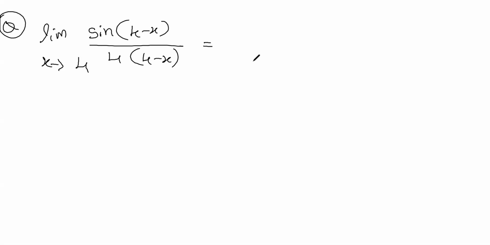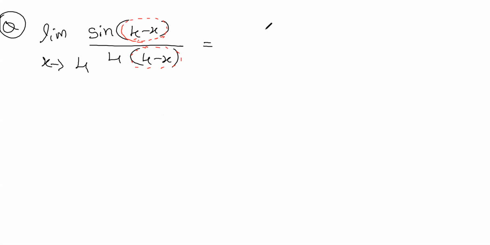So here you multiply and divide by 4. Why do I have to multiply and divide by 4? What is within the angle? 4 minus x. I have to get 4 minus x in the denominator. That is the main motto. 4 minus x is already in the denominator. Then why do I have to multiply? No, I'm saying multiply and divide by 4, not 4 minus x. Why multiply and divide by 4?